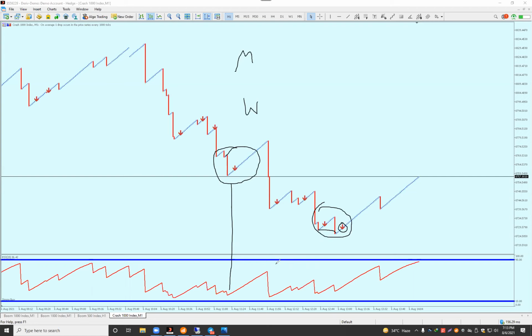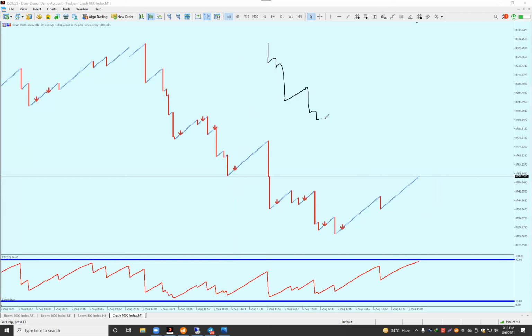We are not taking the signal on the divergence. Sometimes it works, sometimes it does not work, because now you can see after this divergence, price is moving up. And another concept which I told you in the start: every 3 to 4 spikes, what will you get? Small pullback.